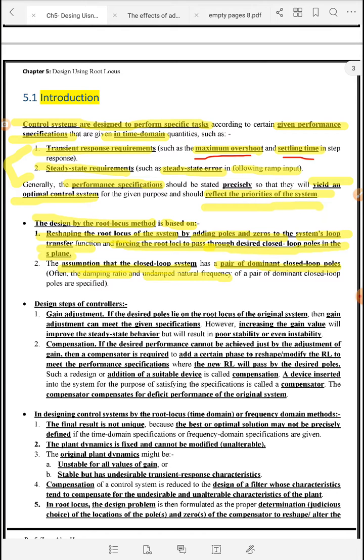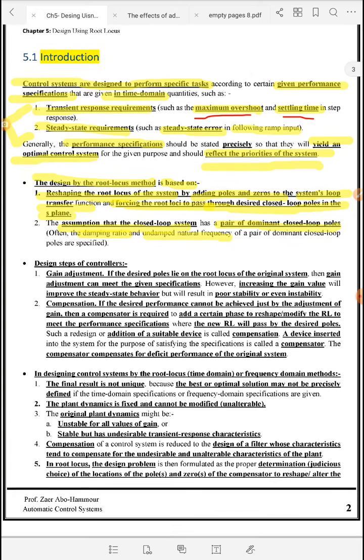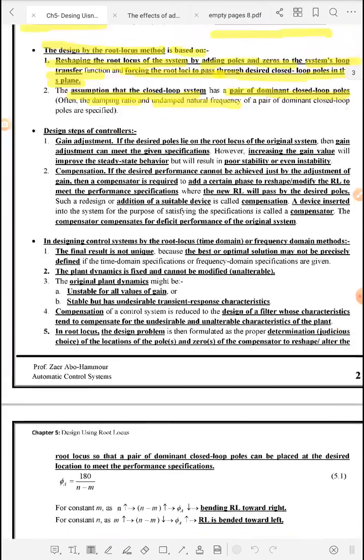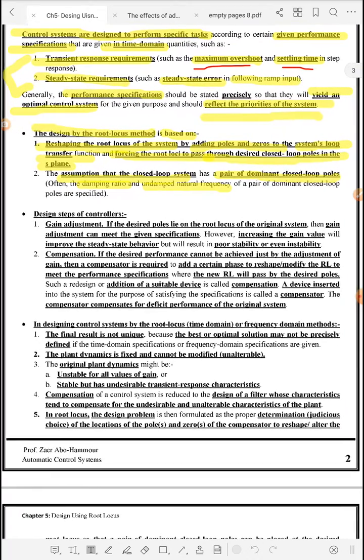So we return to our discussion that we have two assumptions for the design process based on root locus. It's based on two things. Number one, it's the reshaping process of the root locus by adding poles and zeros in order to force the old root locus to pass through the desired closed loop poles.